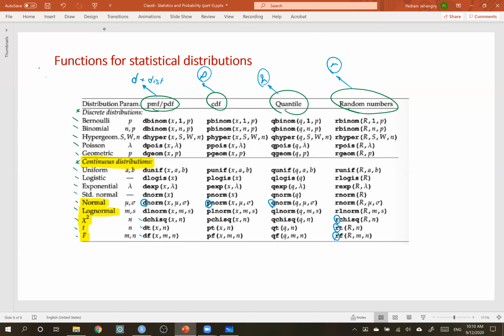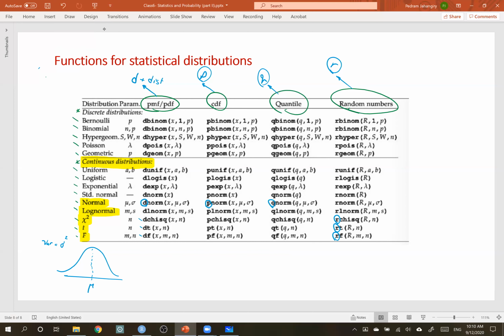And give you a bunch of examples and then we move on to R. So for instance, let's actually look at this example. If you want to calculate the area under the normal distribution and it has the expected value mu and a standard deviation, let's say the variance is sigma square. Okay.